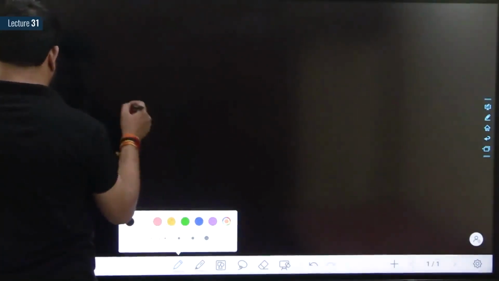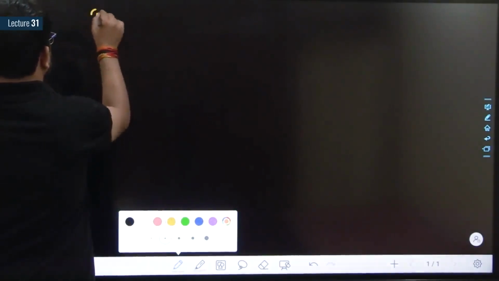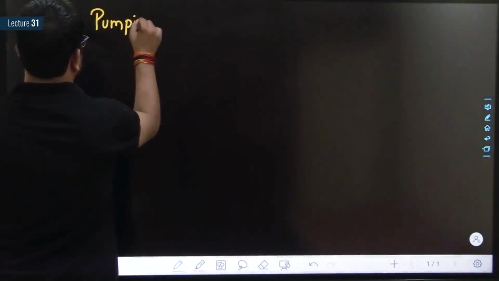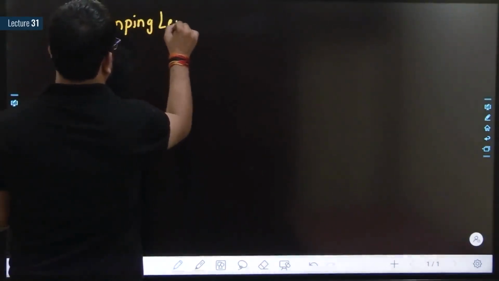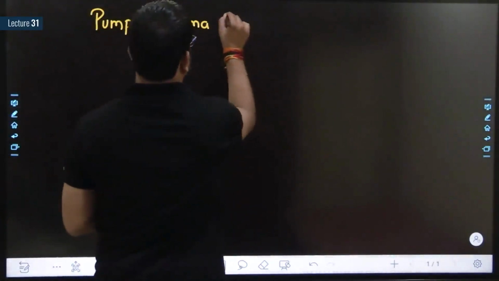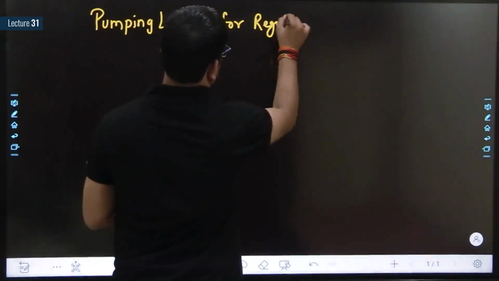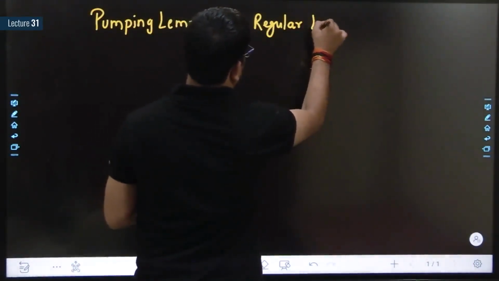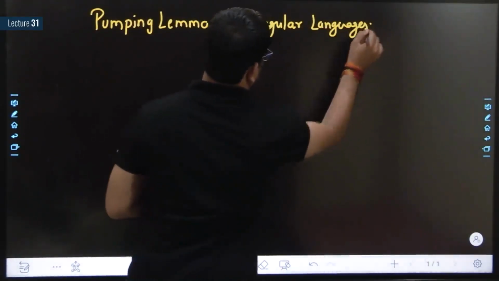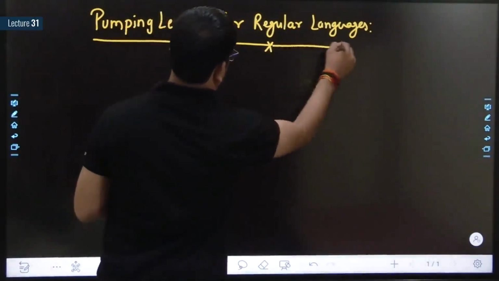Pumping lemma for regular languages. What is the statement for the pumping lemma?